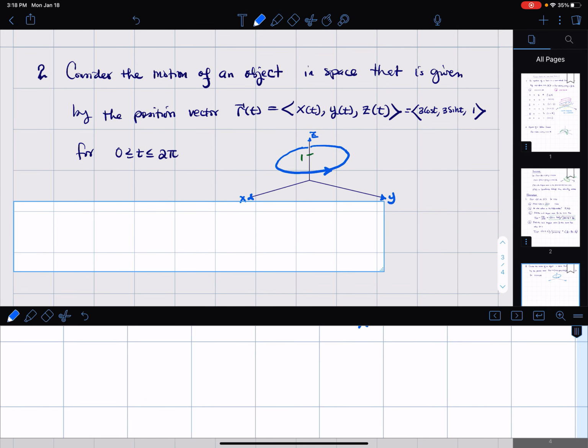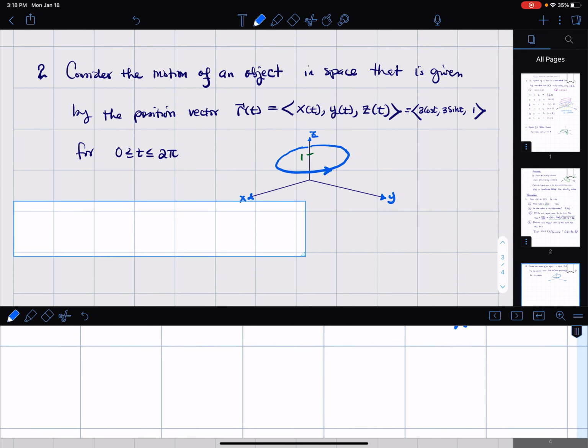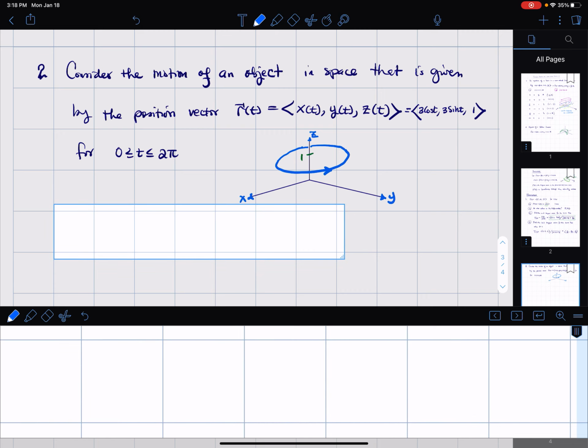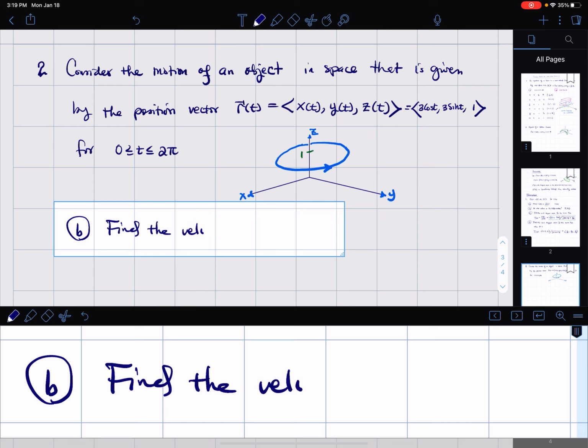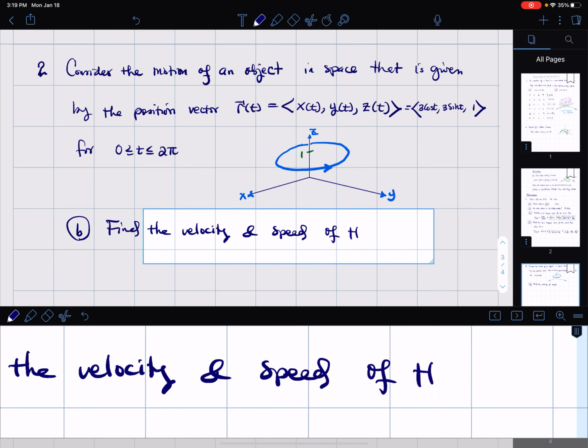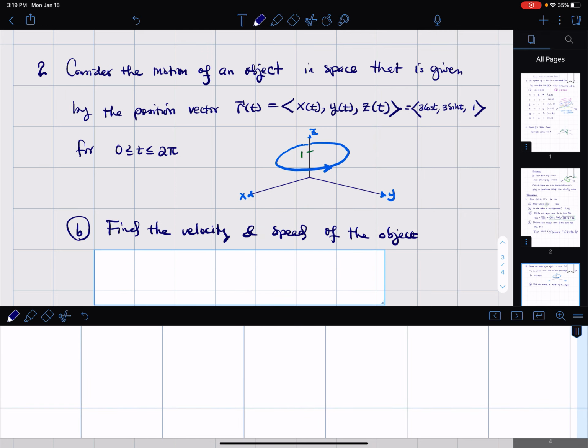Now, let's look at some problems. Let's look at the first part. Let's find the velocity and speed of the object. I'm going to let you try this. The velocity of the object, v of t, is r prime of t.